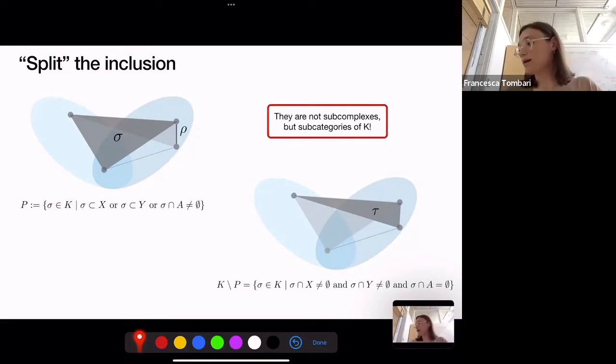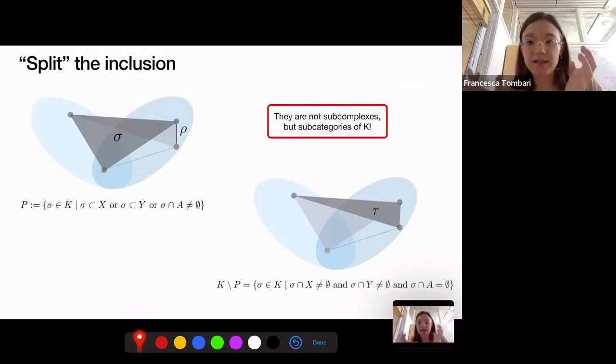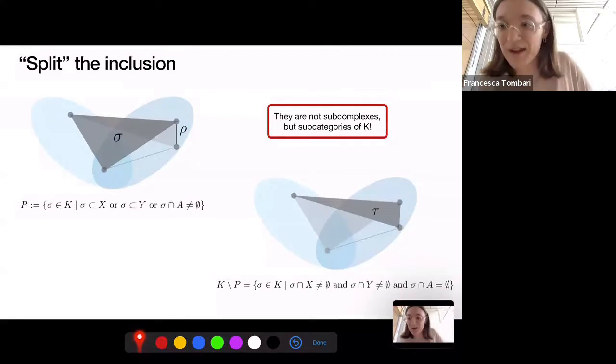Well, first of all, we observe that they are subcategories of K, both of them. However, they are not subcomplexes. But we don't actually care because we just treat this simplicial complex K and its data-driven decomposition as poset categories, as we said before. So we actually forget that they are simplicial complexes for now.